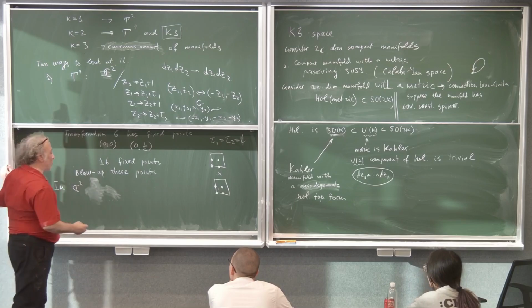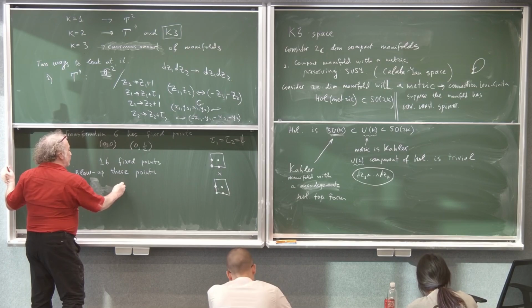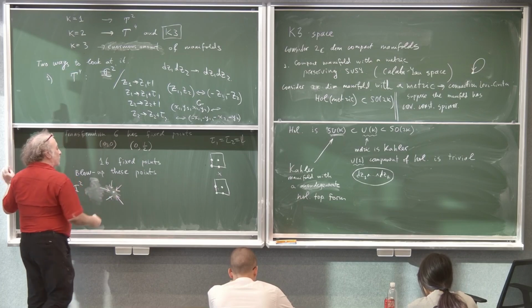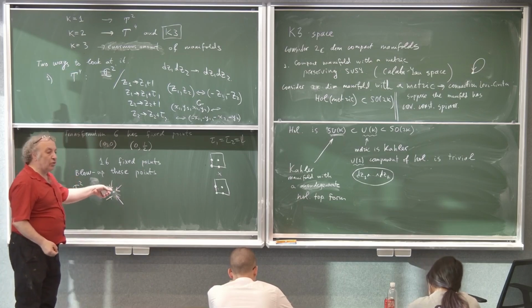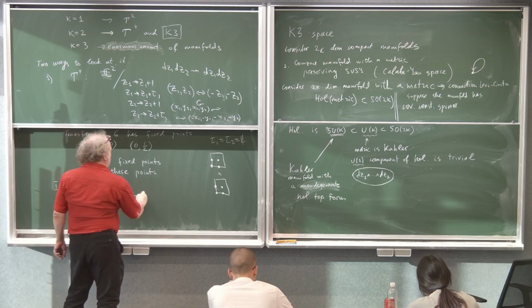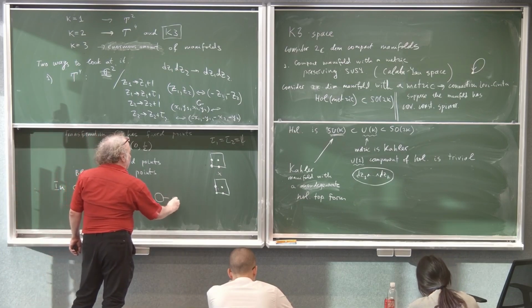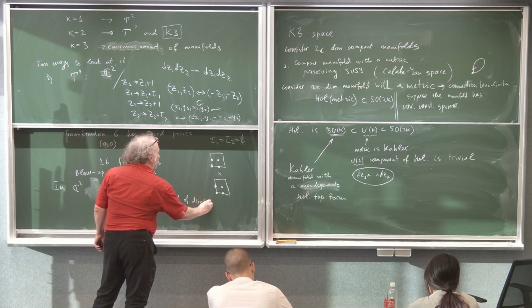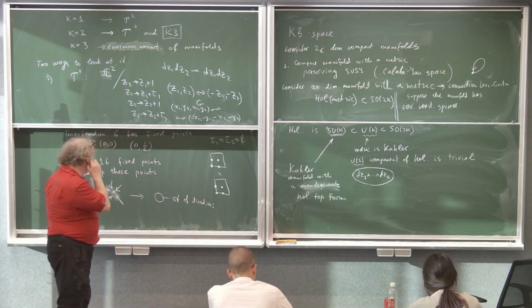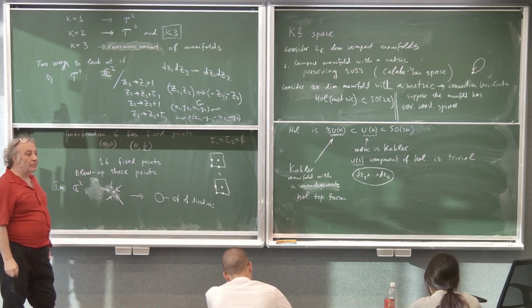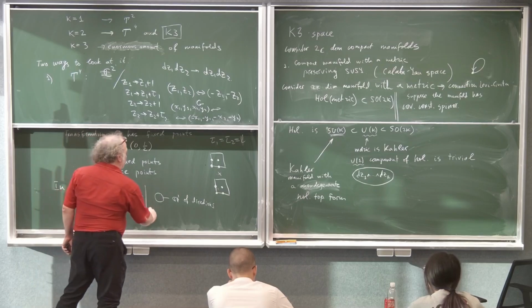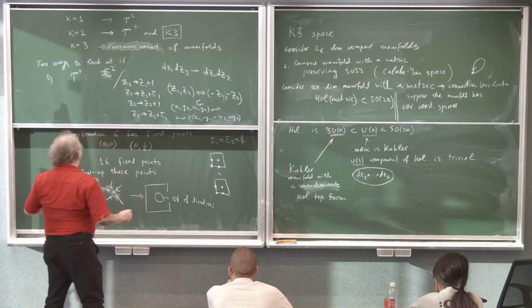Blow up in C squared means that first you cut a point away, and then instead of the point, you put here CP1 of directions to this point. And then you can take a quotient.